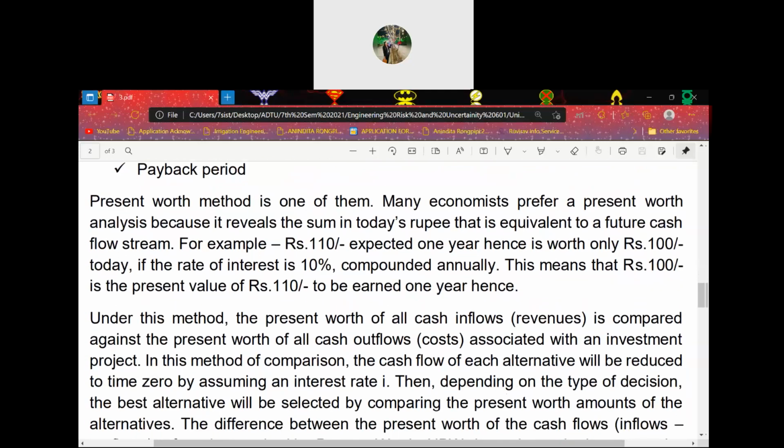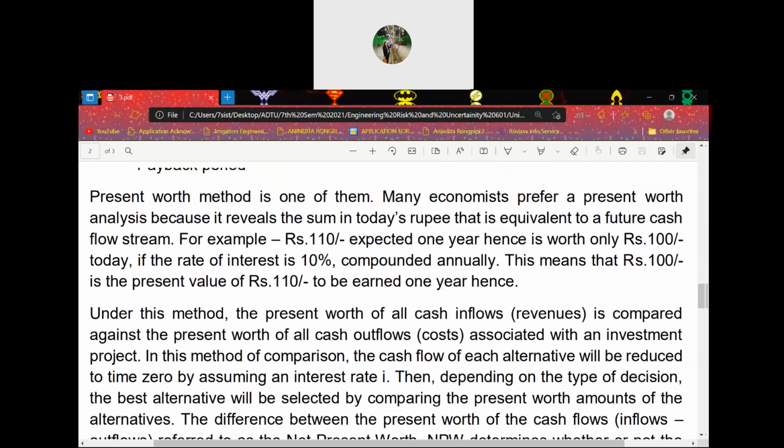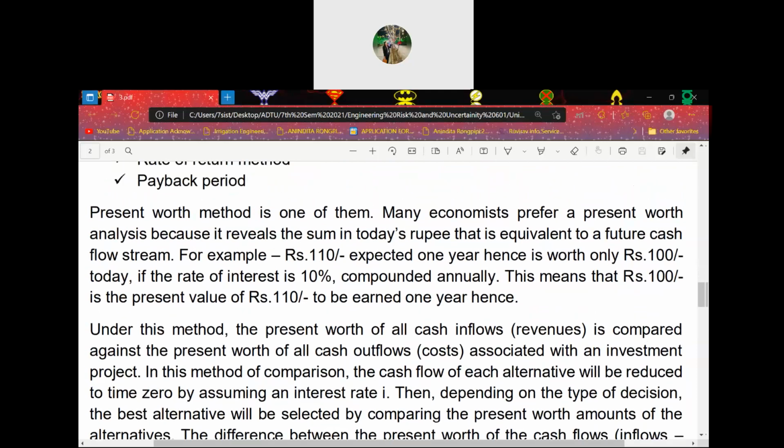Under this method, the present worth of all cash inflows, that is the revenue, is compared against the present worth of all cash outflows, outflows meaning costs that have been associated with an investment project. In this method of comparison, the cash flow of each alternative will be reduced to time period 0 by assuming an interest rate I.